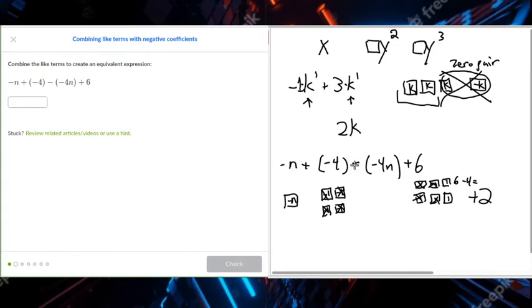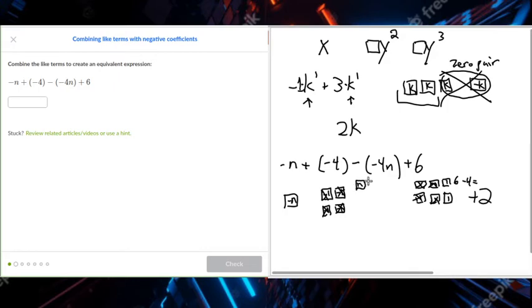Okay? So here we want to subtract negative 4n, but we can't subtract that out. All right, we can't subtract out negative 4n because we don't have enough negative n's. So I'm going to add some 0 pairs.